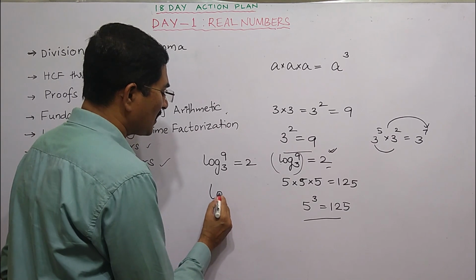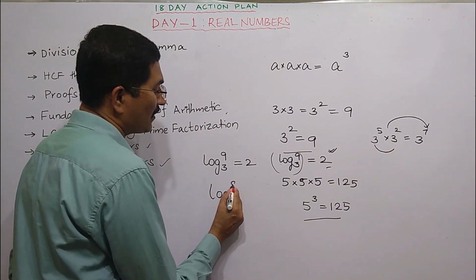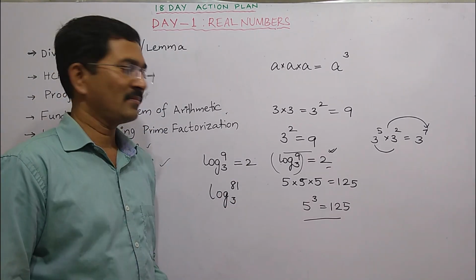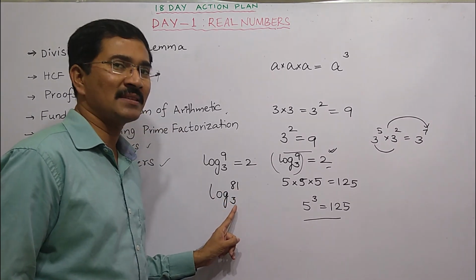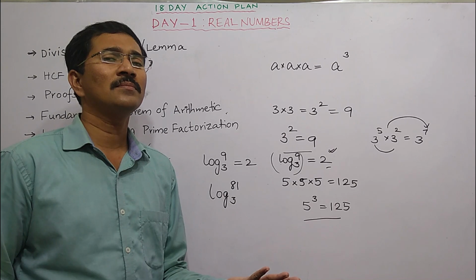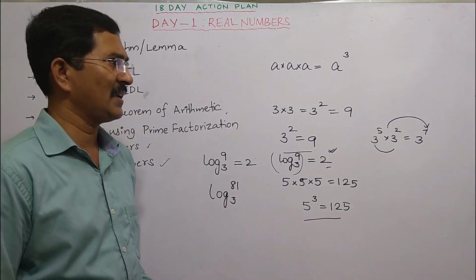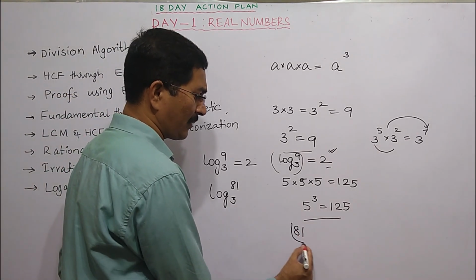For example, you have a question like log 81 to the base 3. What does it mean? In order to get 81, how many times should you multiply 3 by itself? That is the meaning of log 81 to the base 3. How do we get to this? Simply, you try to do it by prime factorization.